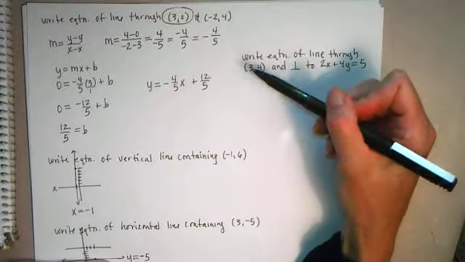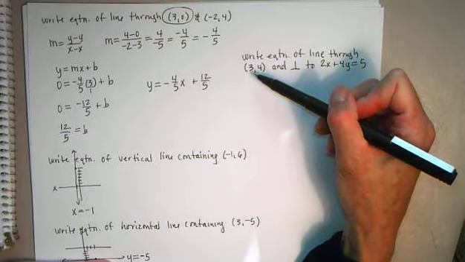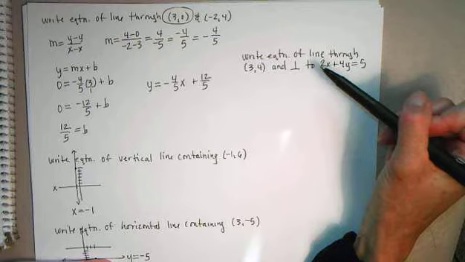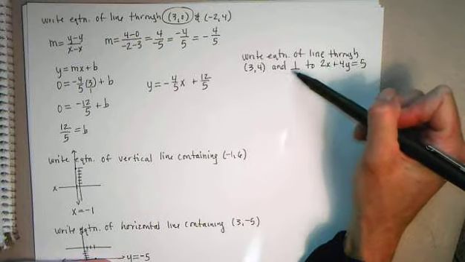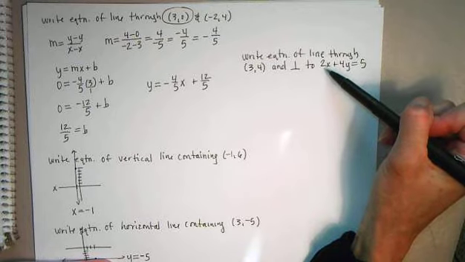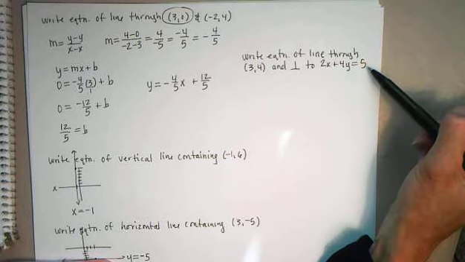So they give us a point like the first problems that we've seen, but they don't give us a slope. They just tell us it's perpendicular to this. But guess what? That is a way to tell you the slope in disguise.